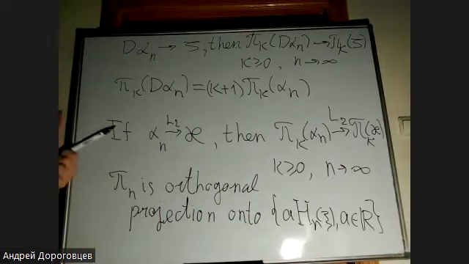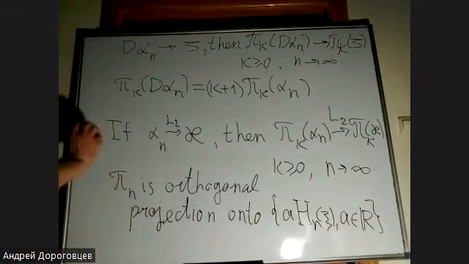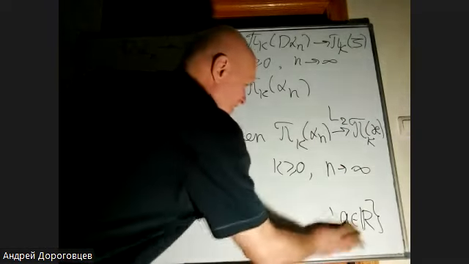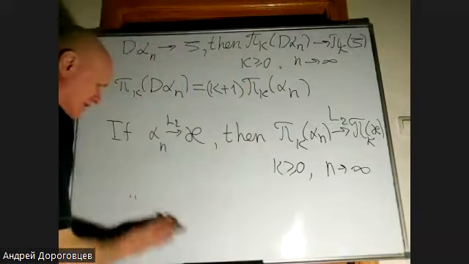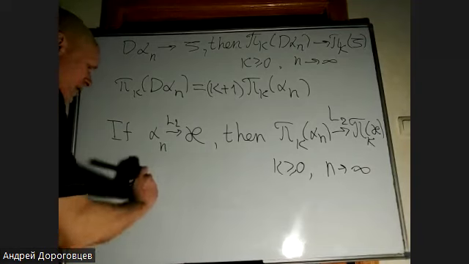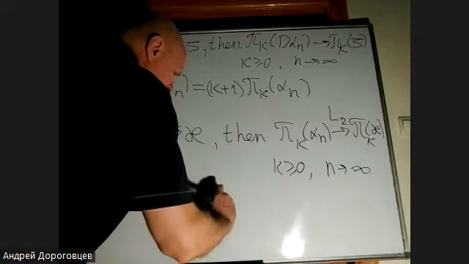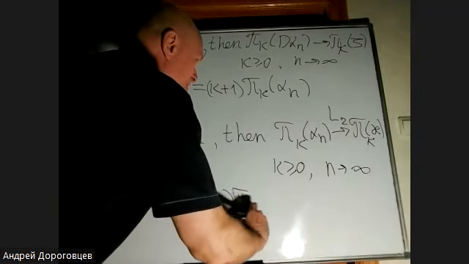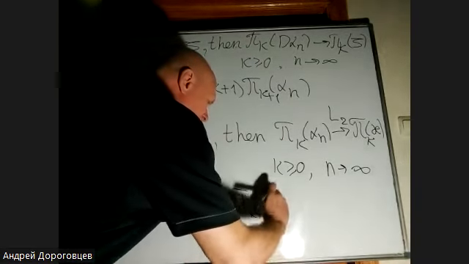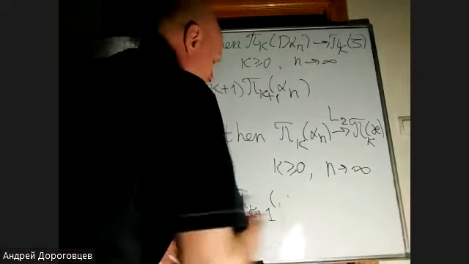So I have a relationship between this and this. Namely, now I can say that the following relation holds: P_k of ζ is equal to (k+1) P_{k+1} of κ.